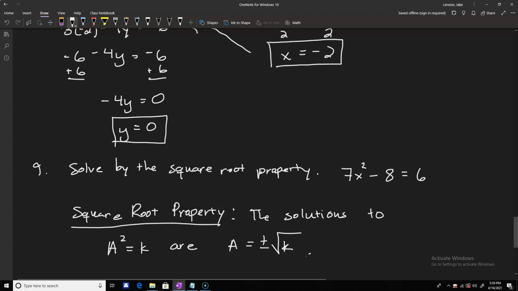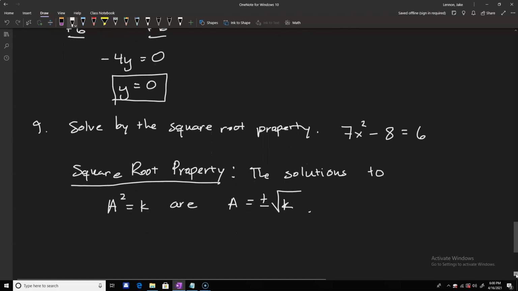So what we want to do is isolate that x squared and then apply the square root property. So that's what we aim to do here.